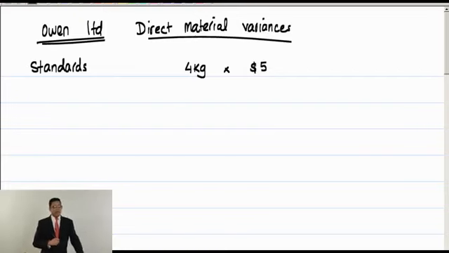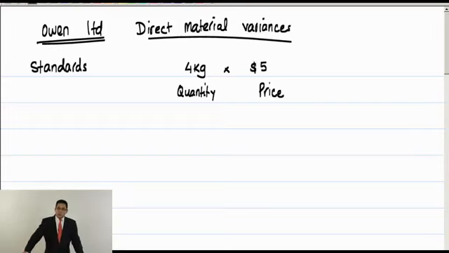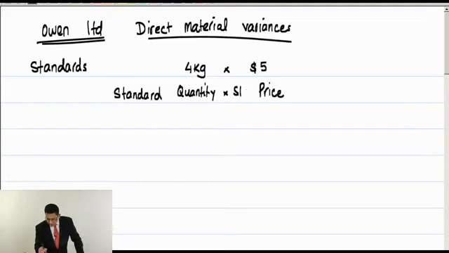Or in other words, we can develop the pro forma in this way: 4 kilos represents quantity and $5 represents price. Because 4 kilos and $5 are coming from the standard results, we can attach a prefix to both elements: standard quantity times standard price.